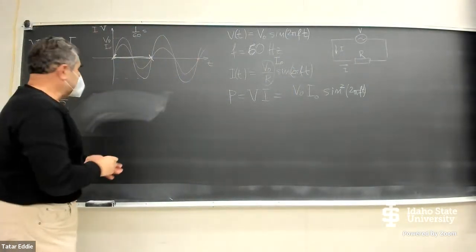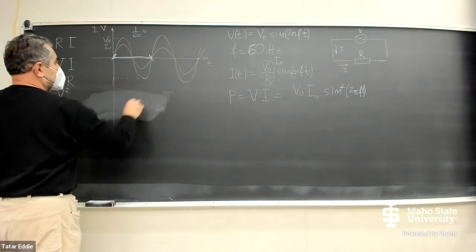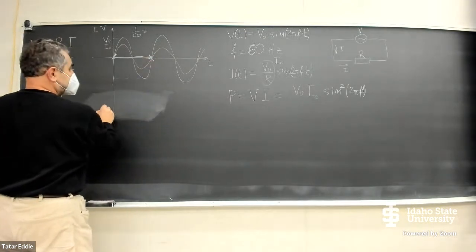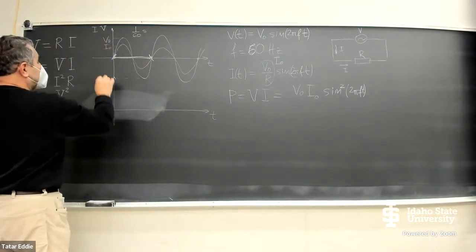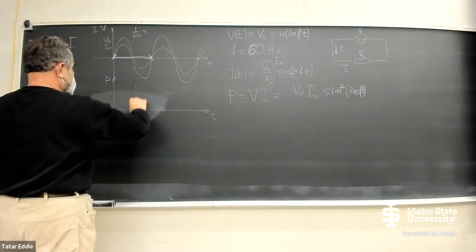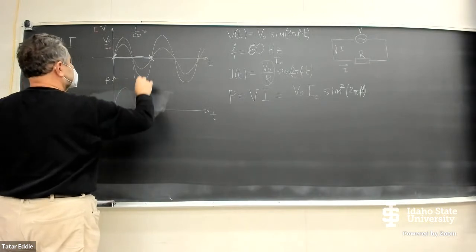And on the diagram, this is going to look like this. Let's see, here is still the time, but now here you have the power, and you see that the power is going to oscillate like this.